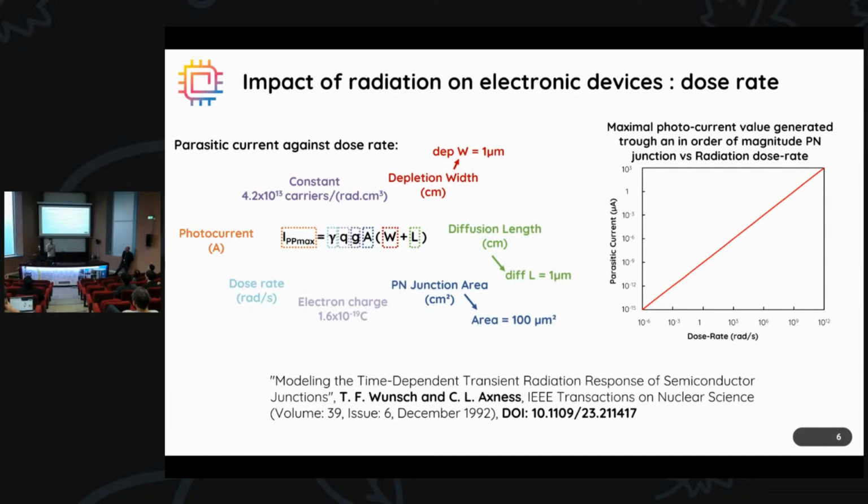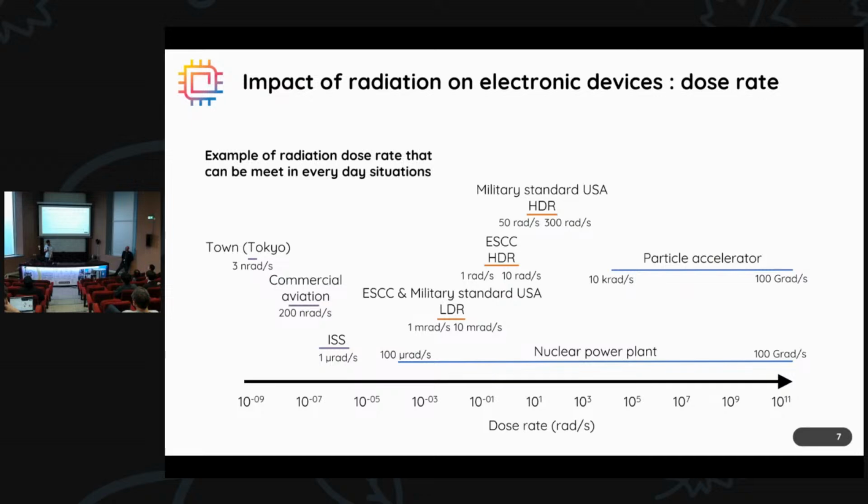As the chart shows, the military standard for the USA and for space is only 300 rad per second. So we are far above.